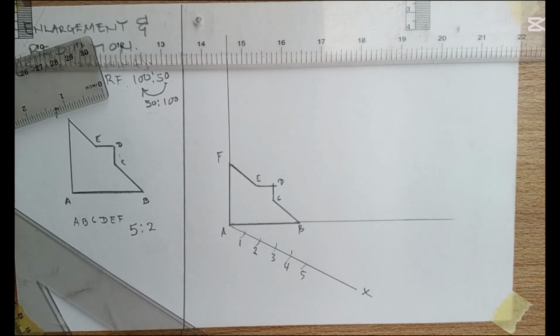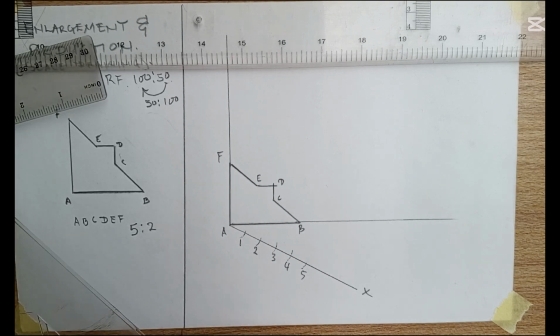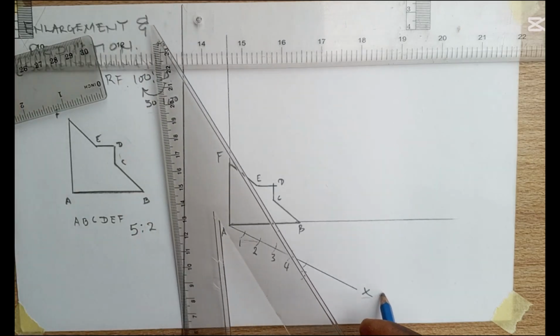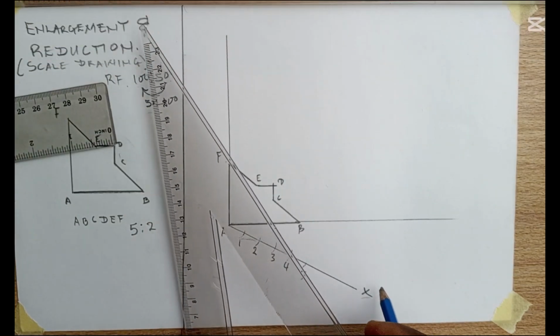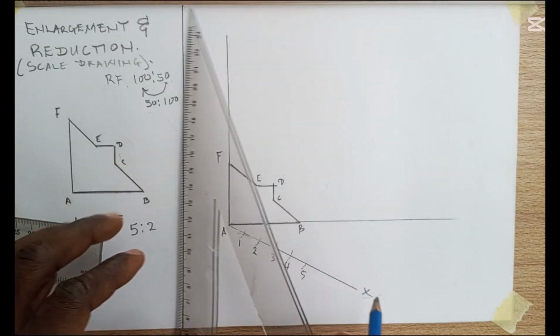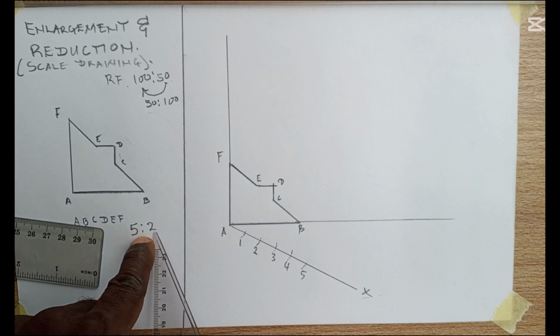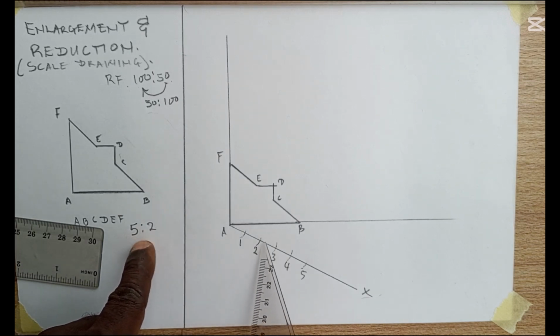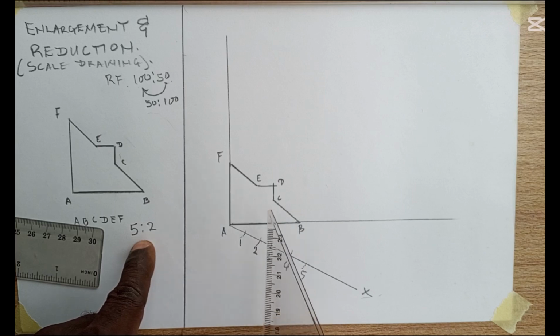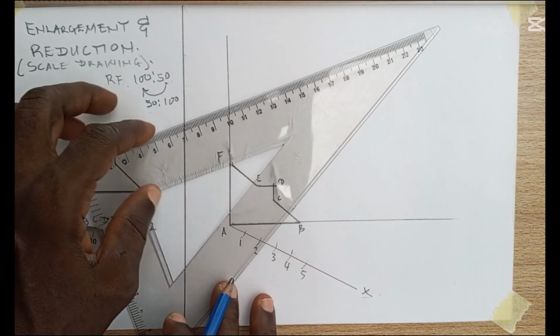And the next thing I want to do, take note, I'll use my set square and take this particular last number. Although they gave us their homework at 2. You see the 2, so I'm going to take line 2 to B like this.